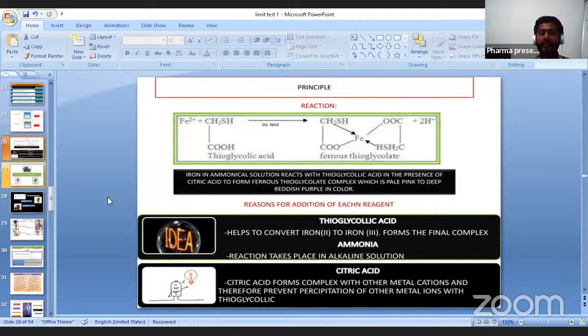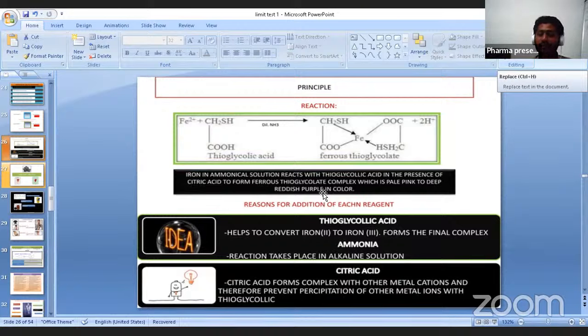This citric acid is responsible for reacting with various other metallic cations. If it is not added, then other metallic cations might react with thioglycolic acid and form a complex, and we won't get the exact color we wanted, the pinkish color.